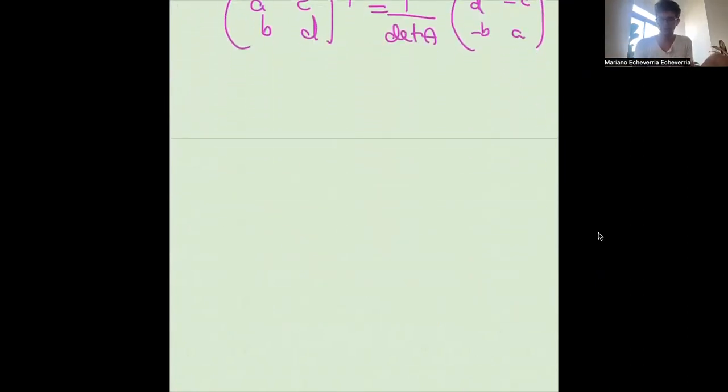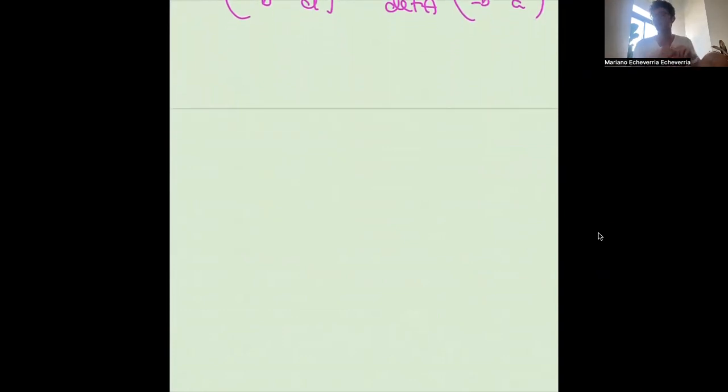Okay, so now I'm going to tell you about the determinant in the general case of an n by n matrix. They're always only defined for square matrices.